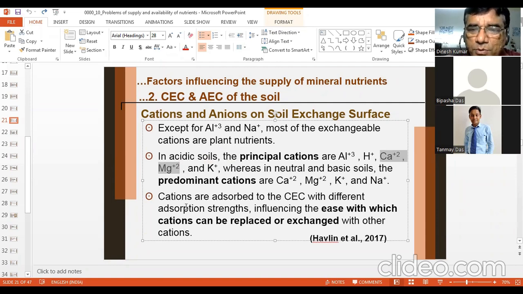Cations are adsorbed to the CEC with different adsorption strength. The strength of adsorption is different, and it varies with the valency. In general, the higher the valency, meaning the charge, the stronger the attraction to the exchangeable sites. For example, aluminum.